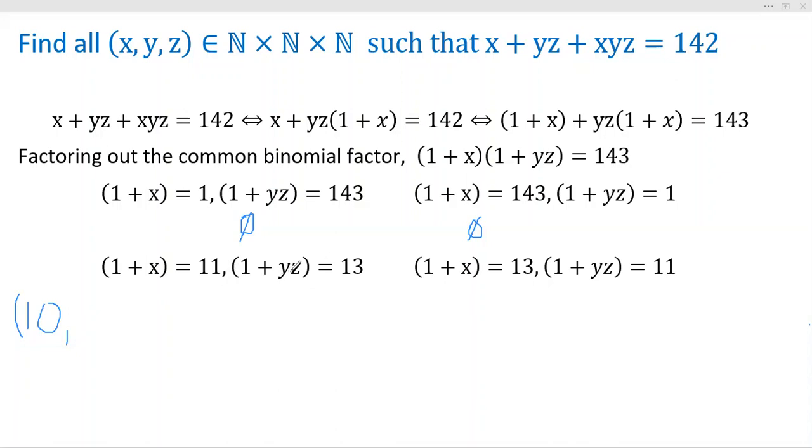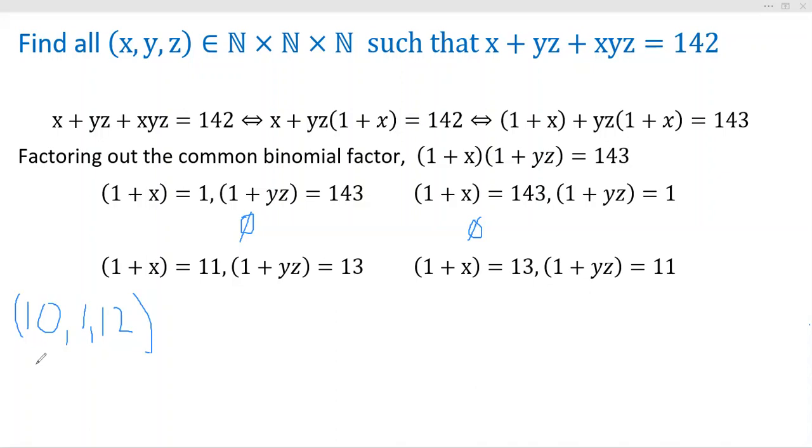We need for 12 to be right here. So 12 factors into 1 times 12, 2 times 6, and 3 times 4. So I'll put 10, 1, 12 here. And folks, again, you can see this is the x coordinate, the y coordinate, and the z coordinate. And we needed a 12 right here. So 1 times 12, or y times z, is 12. 1 plus 12 would be the 13 right here.